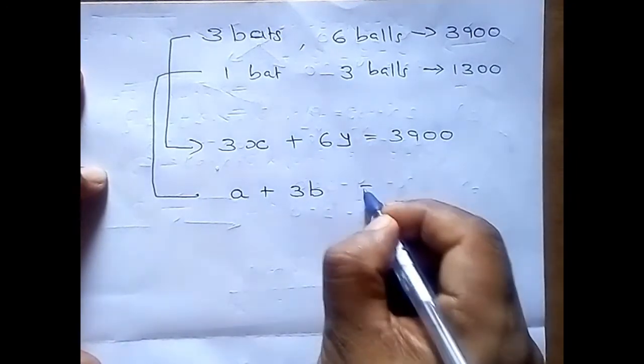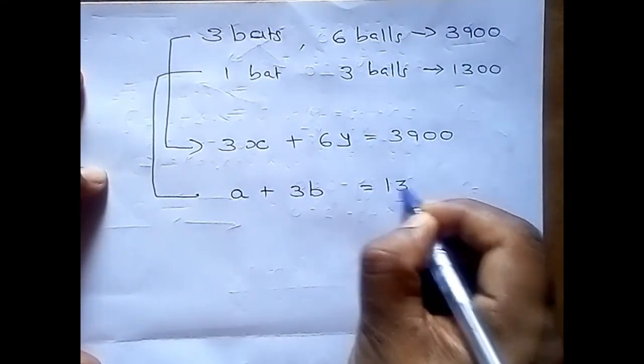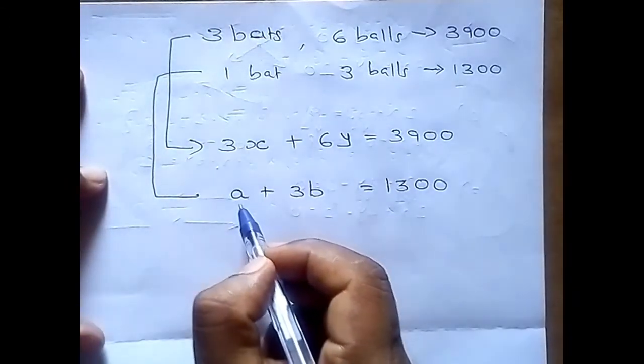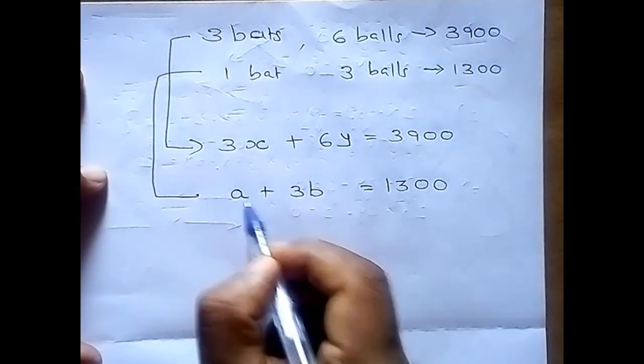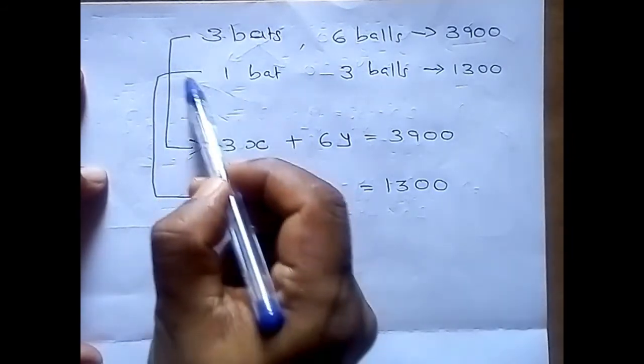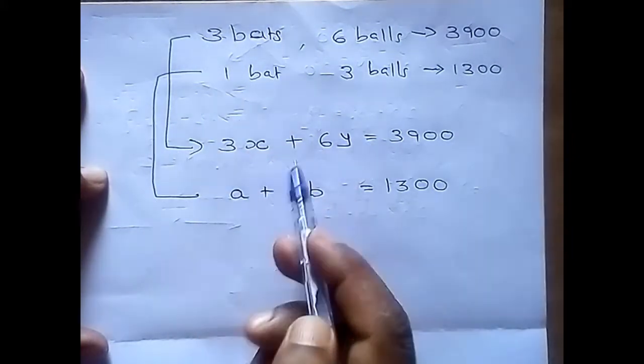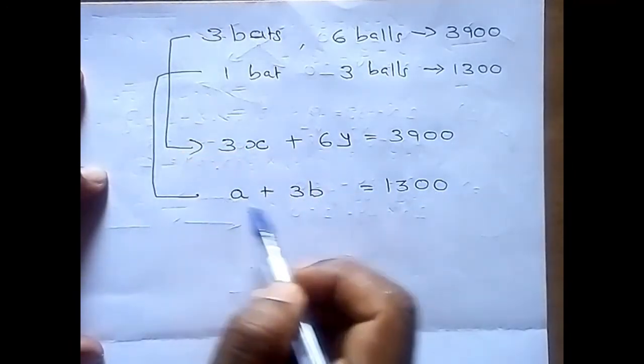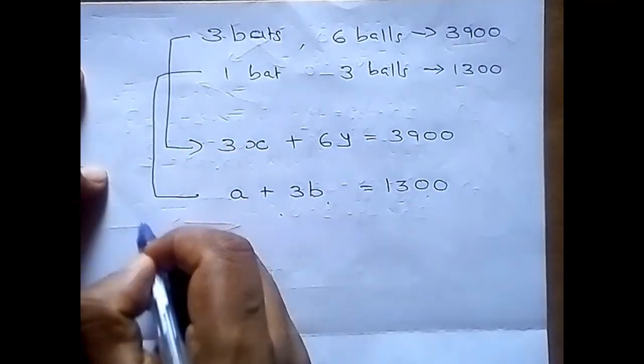So a plus 3b is equal to 1,300. Why am I not taking this also as x and y? Because these two incidents happen at different points of time and they may not give a solution also. That is why we are taking different variables.